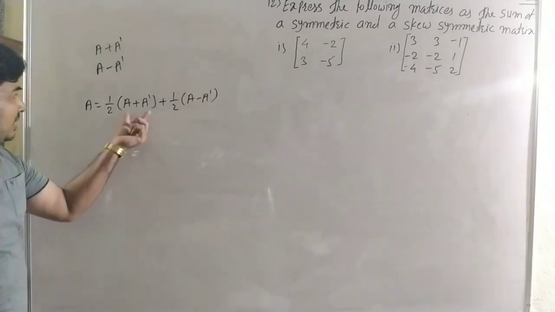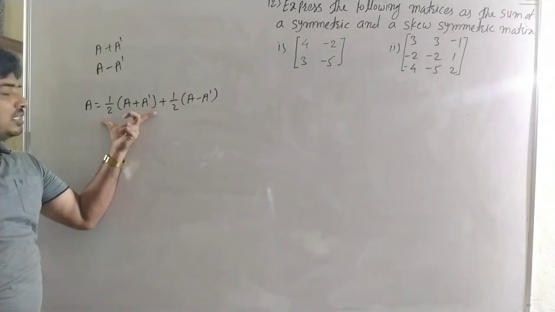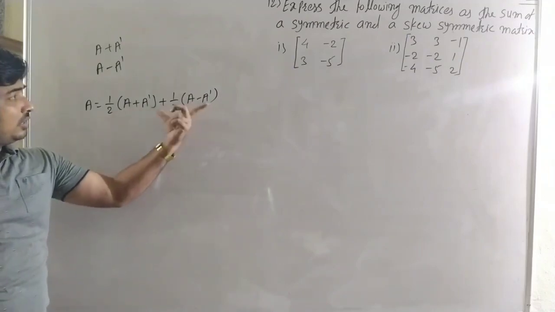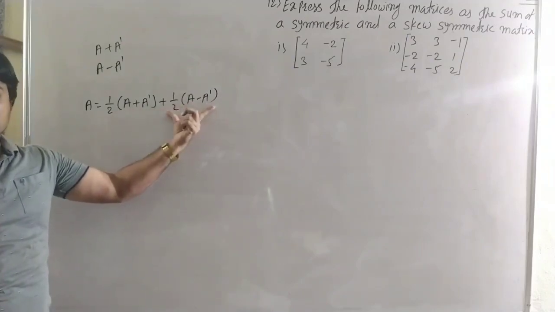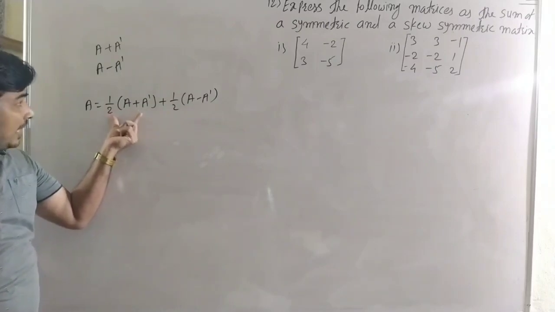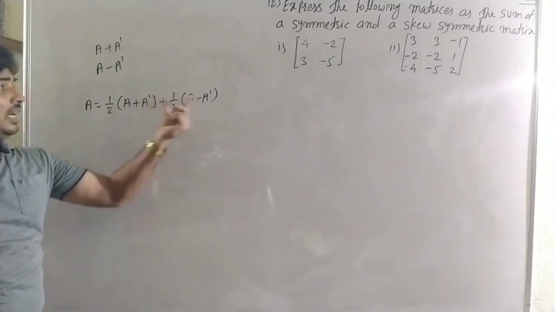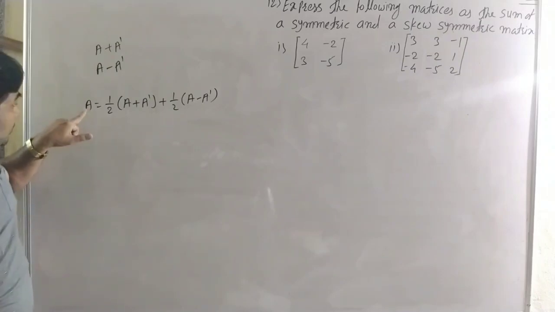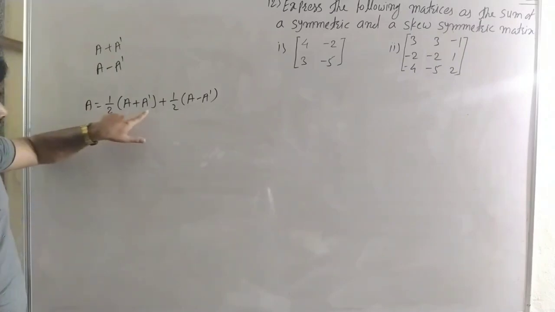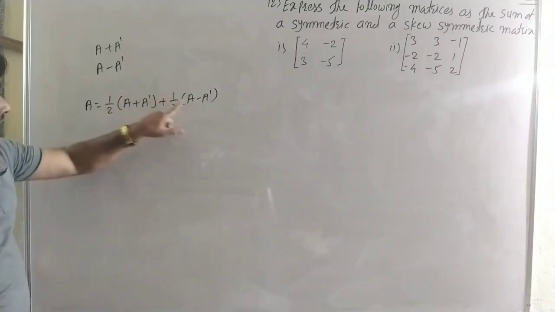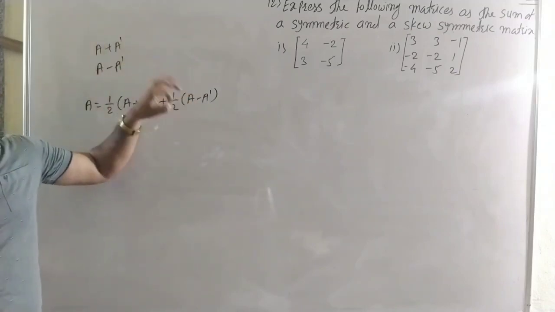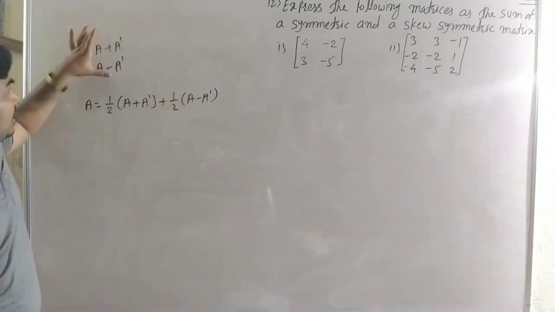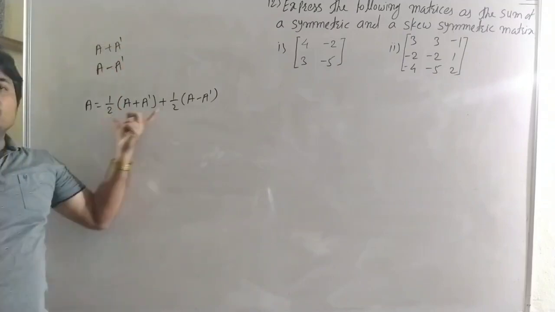plus 1 by 2 A minus A transpose. Okay, here it is symmetric, that means 1 by 2 into this is a symmetric matrix. It is skew symmetric, therefore it is a skew symmetric matrix. Okay, and here it is an addition of symmetric and the skew symmetric matrix representing this matrix A. Okay, we know that these are properties, and using these properties we know this result.